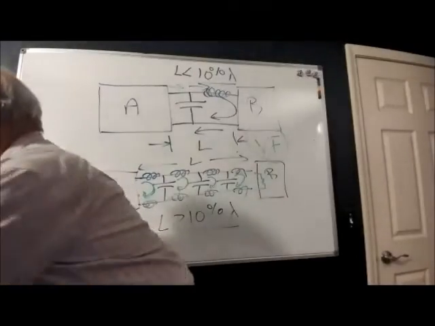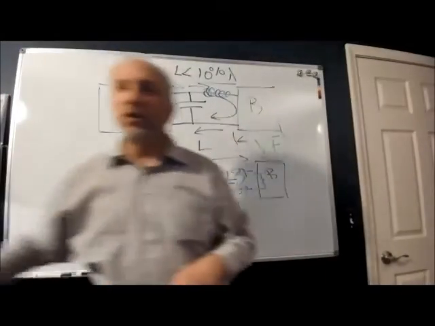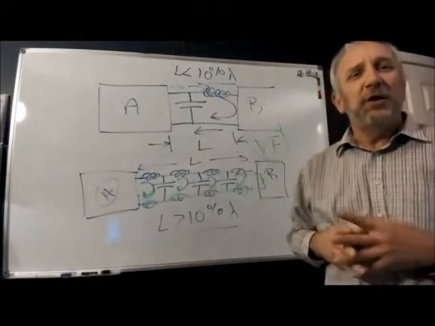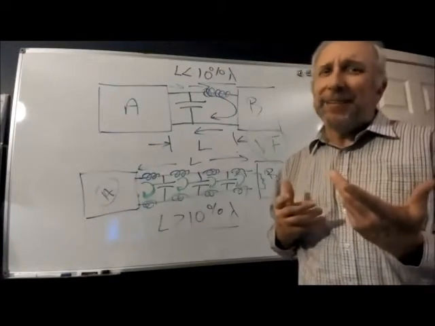What about the return line? Shouldn't there be inductance in the return line on the bottom? That's a good question. From a theoretical standpoint, does it matter? I don't know.